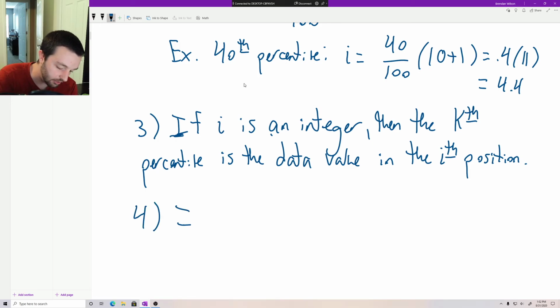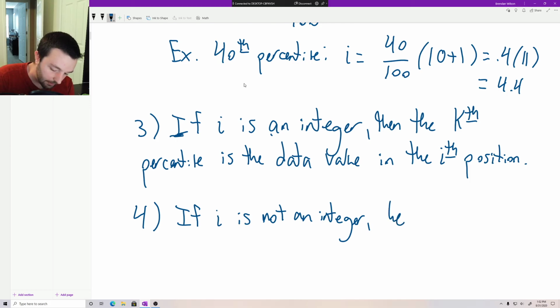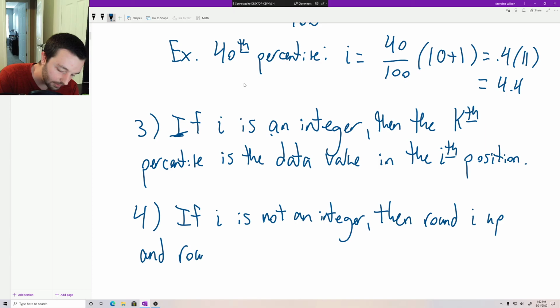If I is not an integer, then round I up and round I down to the nearest integers.